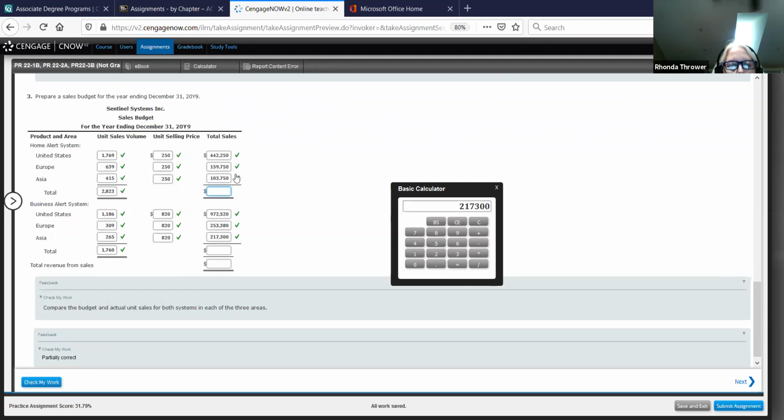And then we will find the total for the product of the home alert systems. So we're going to add these three together first.